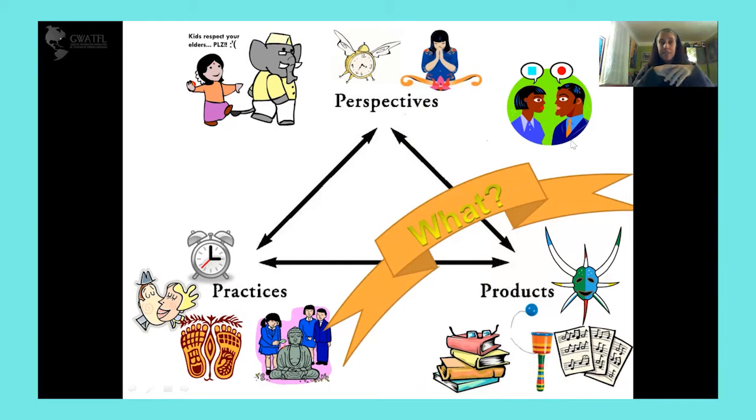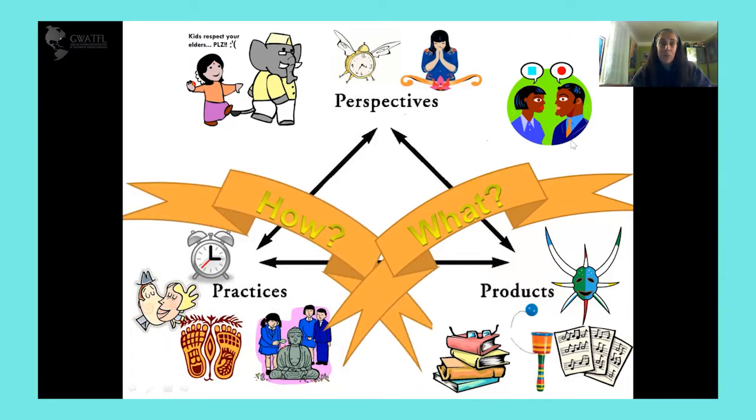Then we have practices. So what things are done and where. And so these are things like greetings, time constraints, whether it's good to arrive early or late, how we greet each other, how we celebrate. So these are what I would call the how of culture.